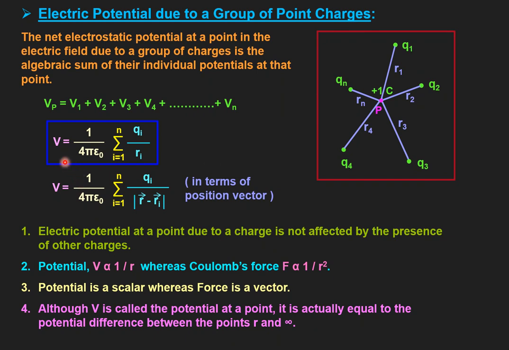If we talk about the potential due to a point charge at infinity, R is infinity, and something upon infinity is 0. So electric potential is actually the potential difference, but it confirms that the reference point is taken at infinity, so that the potential there is 0. Something minus 0 will be something only. So that's why this V is actually a potential difference.